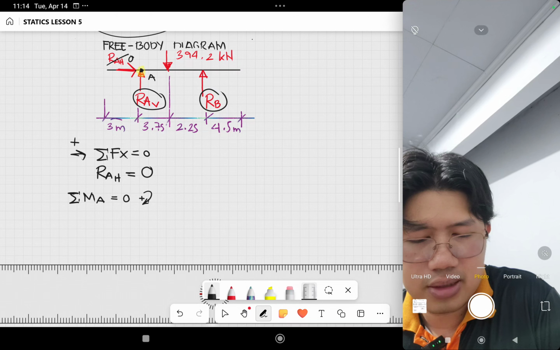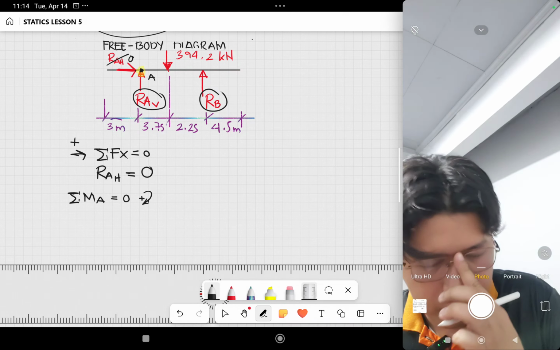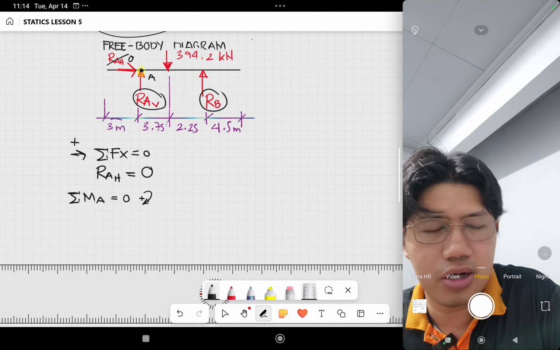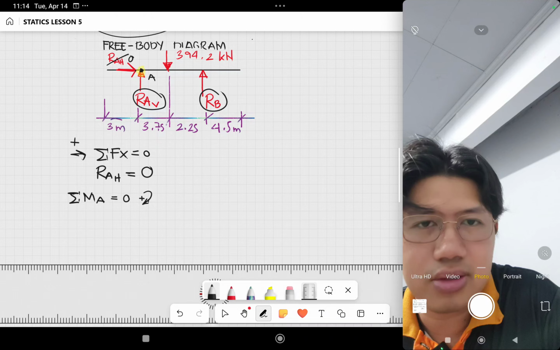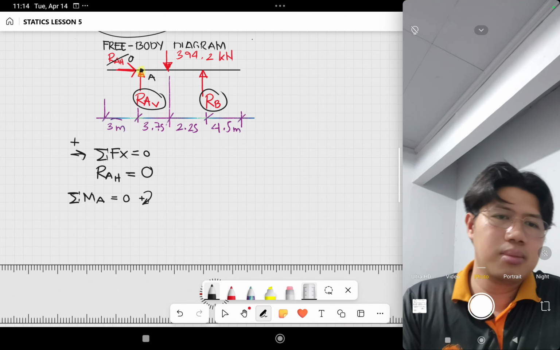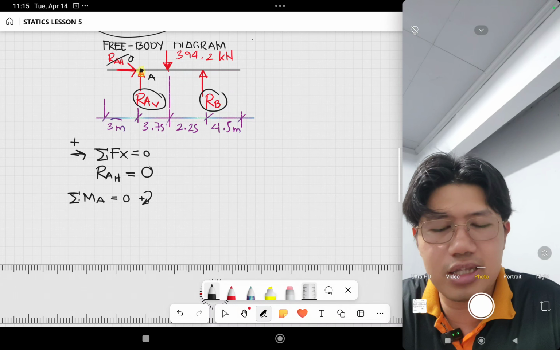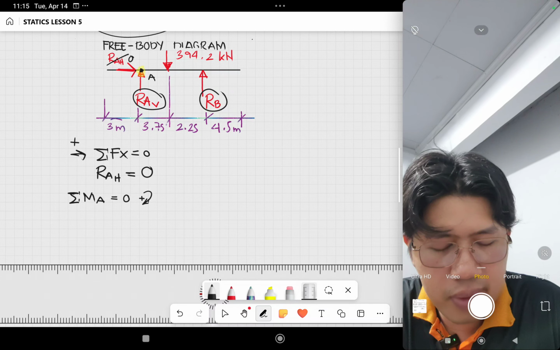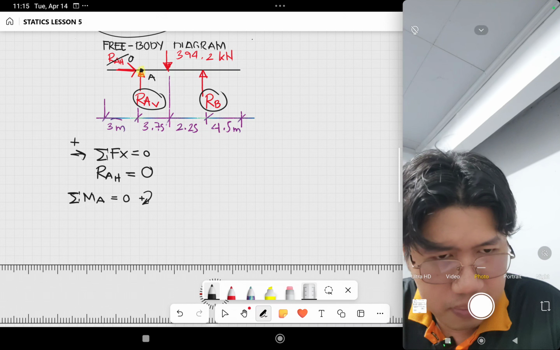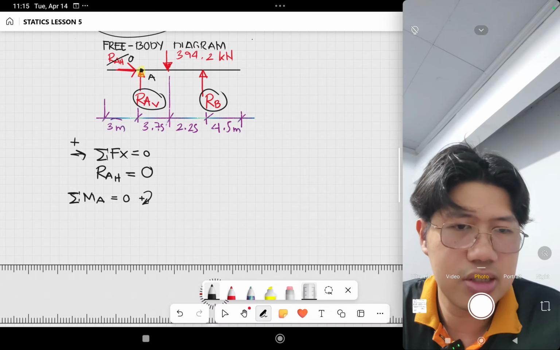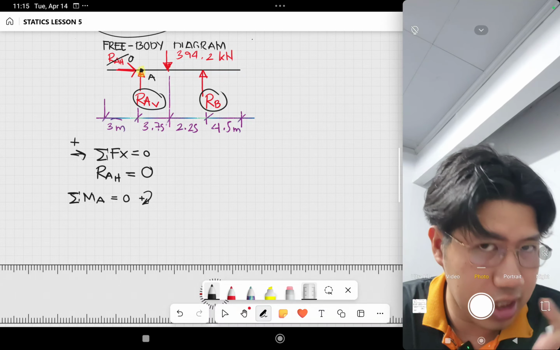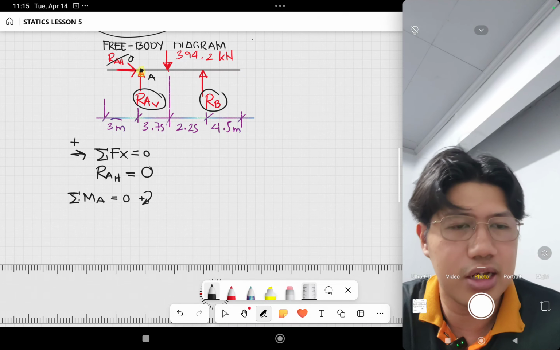Bakit? Kasi if you remember na if a force passes through a point of interest or at the moment center, those forces will have no moment about that point, which is dinemonstrate natin before na parang yung sa door hinge analogy na kapag you cannot apply a force directly at the hinge, kasi hindi mo ma-open yung door kapag nag-apply ka ng force directly at the hinge.